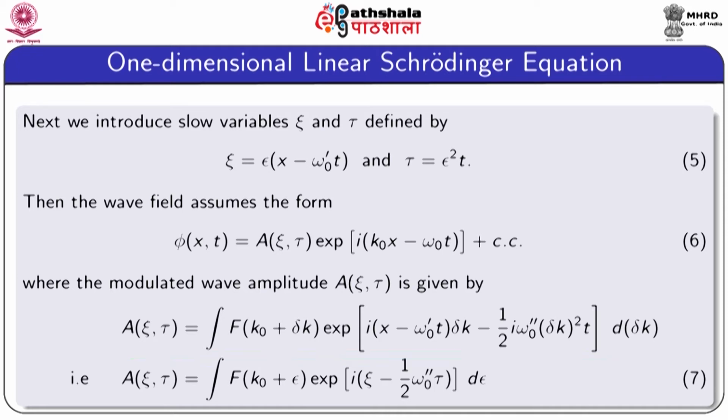Now, writing this expression in terms of xi and tau, A becomes A equals integration of capital F e to the power i(xi minus half omega 0 double dash tau) d epsilon.